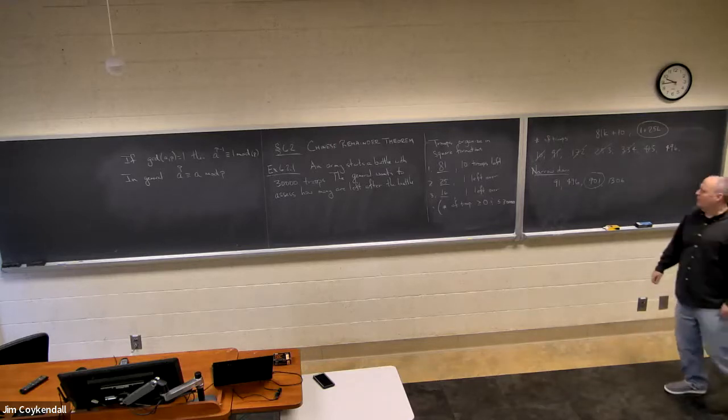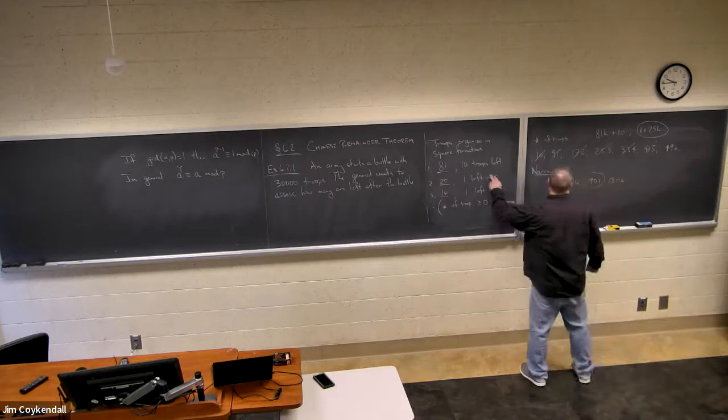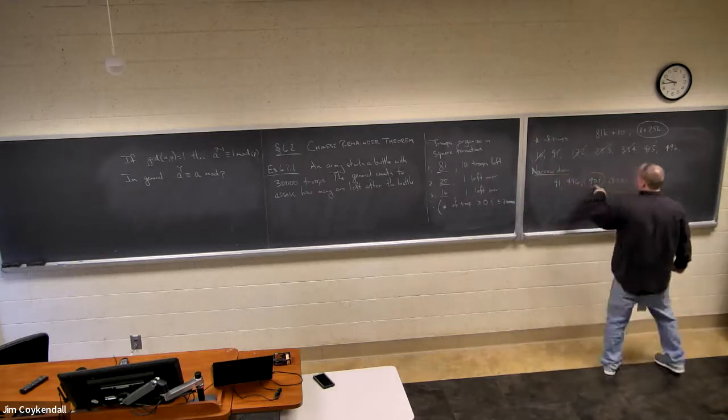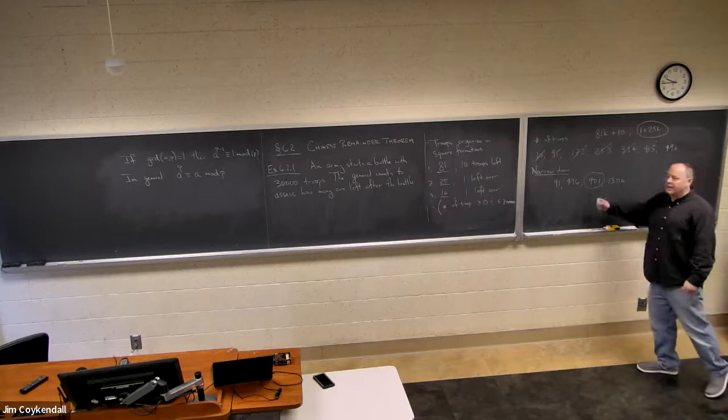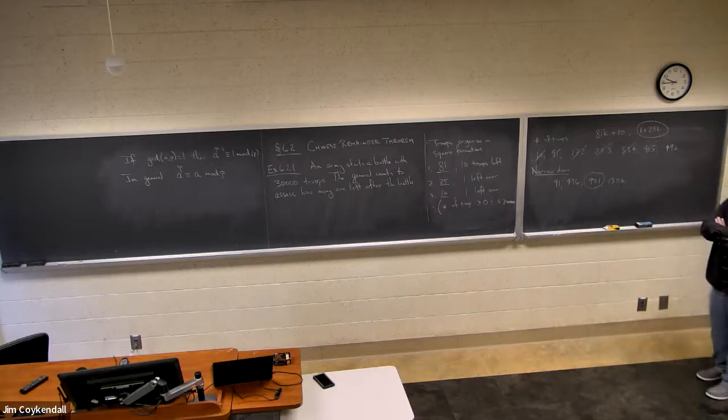So it doesn't work for this. So where's my next opportunity going to come? What do you suppose I have to add? Or what do you suppose I jump by now to get to the next chance that this might work?